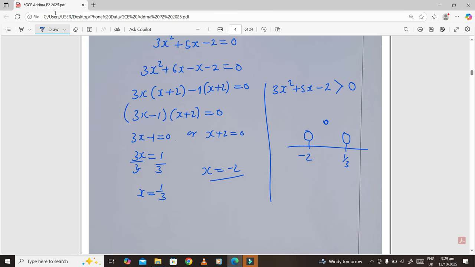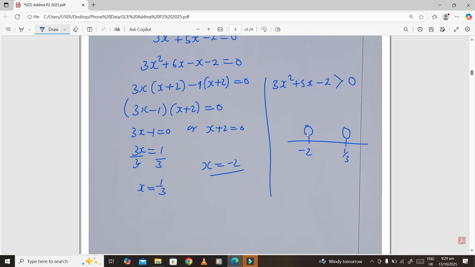Any number, if you want, you can pick a 0. If you want, you can pick -1. Any number for as long as it's in between. So when we pick a 0, we substitute. This will be 0. We will remain with a -2 greater than 0. Is this true? No, it's not true. So meaning the answer cannot be here between.